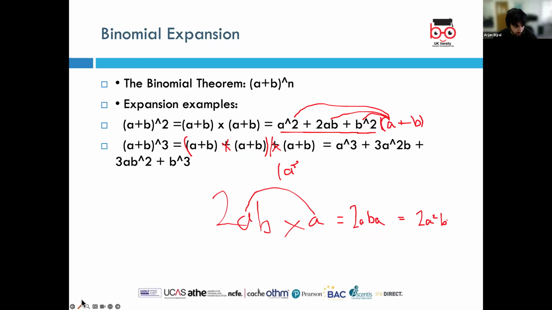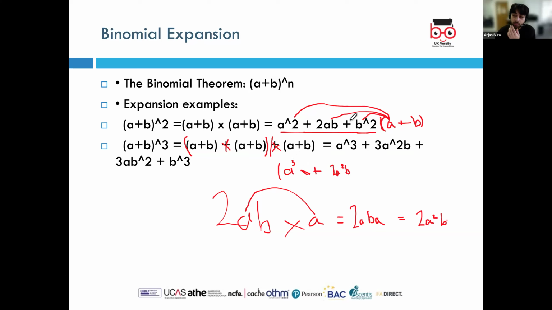And then we've got A times 2AB, and that's 2A squared B. And then we have to do A times B squared.